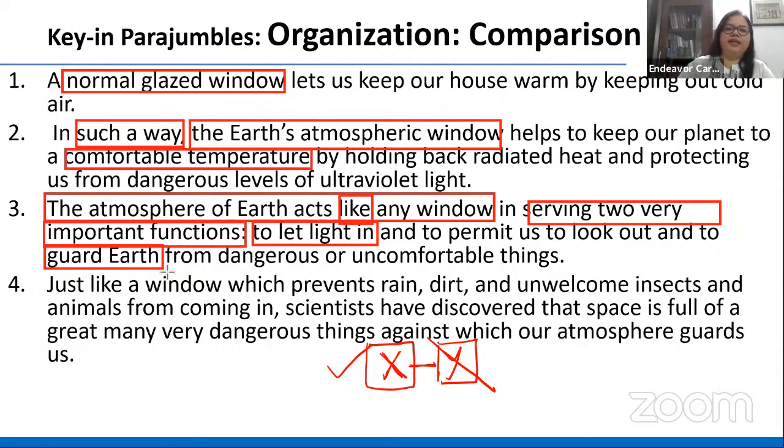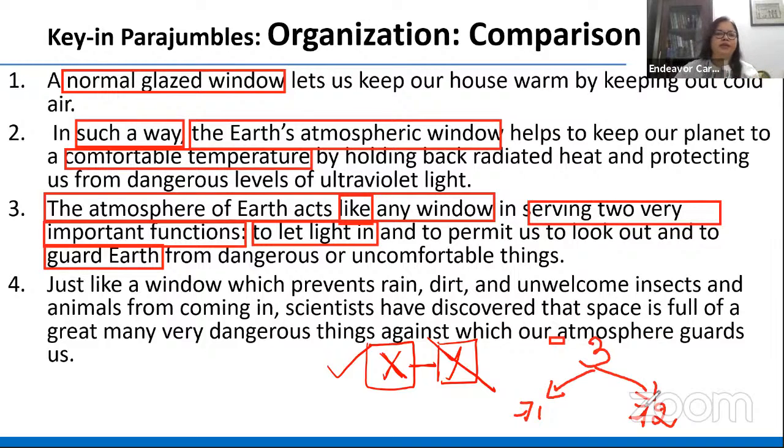So sentence 3 introduces the comparison and talks of two important functions that the atmosphere of Earth serves. What is function 1? To let light in. What is function 2? To guard the Earth.